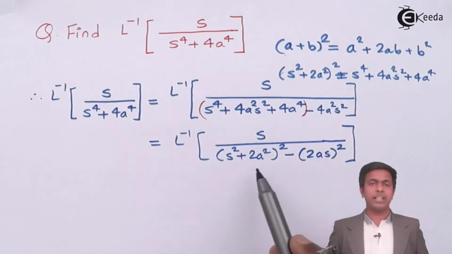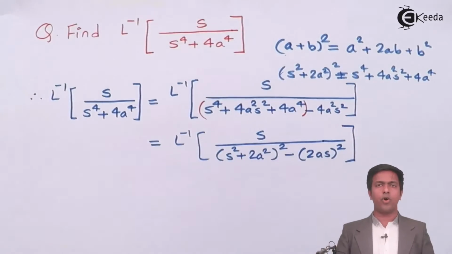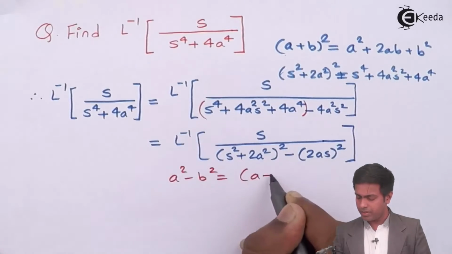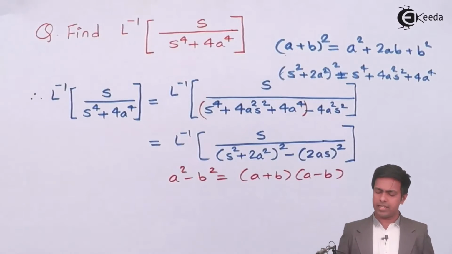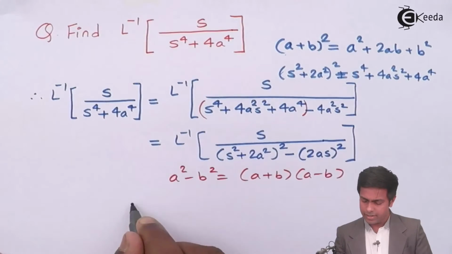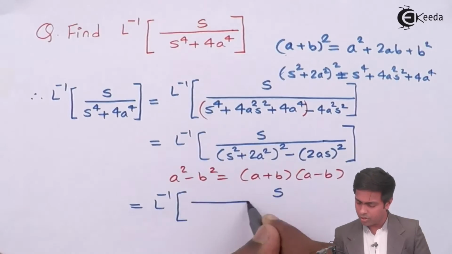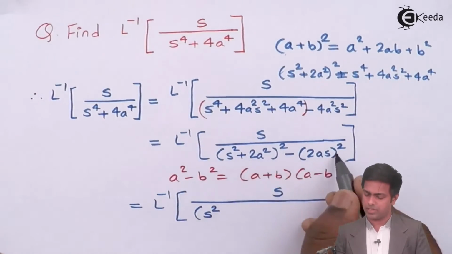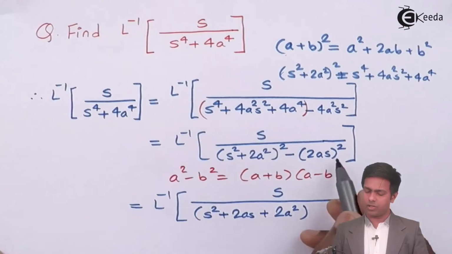Now in the denominator I got the form a square minus b square. We all know the formula that a square minus b square is a plus b into a minus b. So we have to add these two terms and then subtract these two terms. So we will get Laplace inverse of s upon the first factor, s square plus 2a square plus 2as, which is the addition of these two terms.